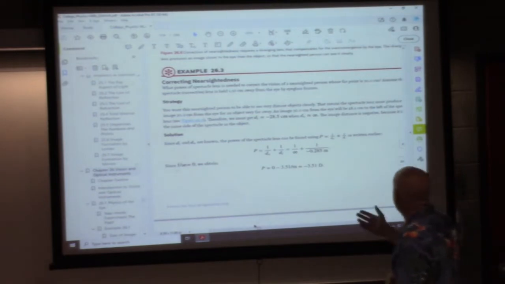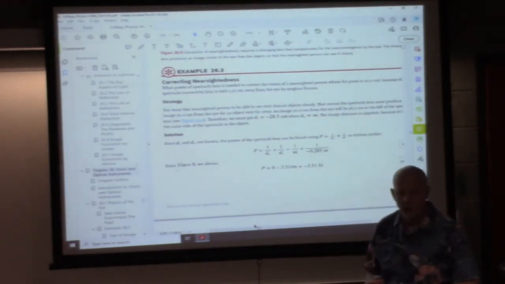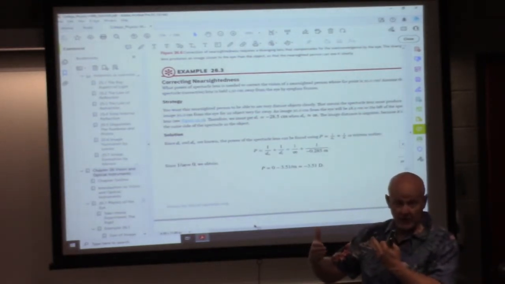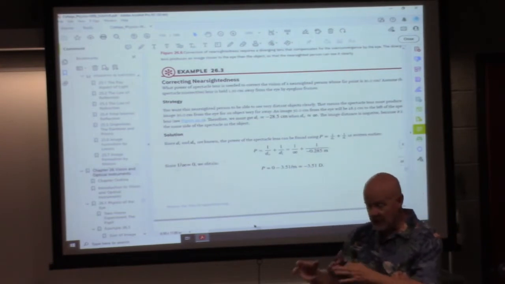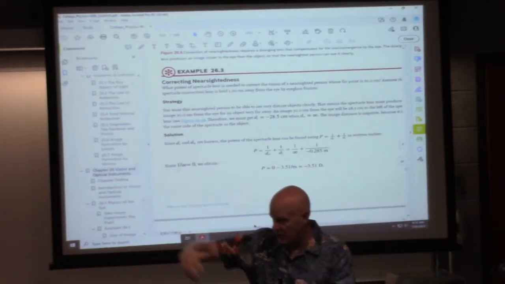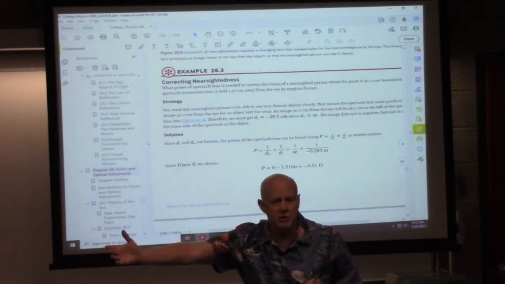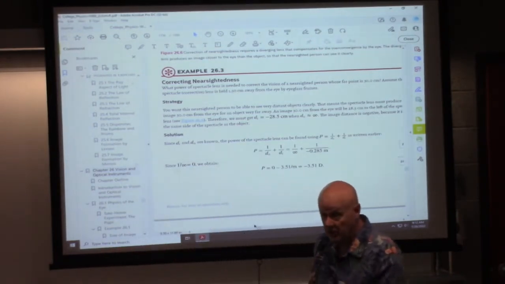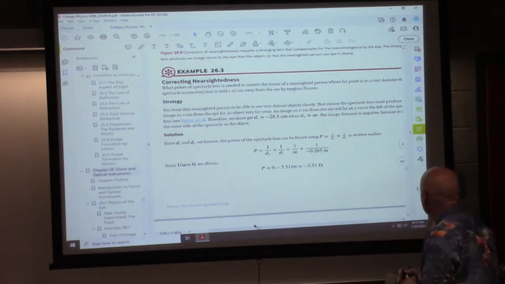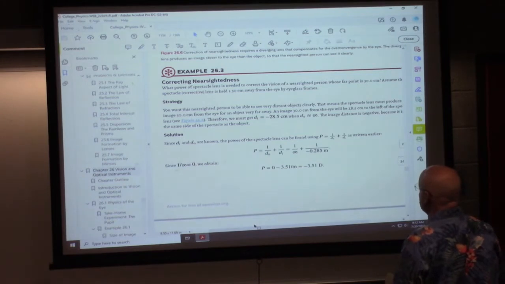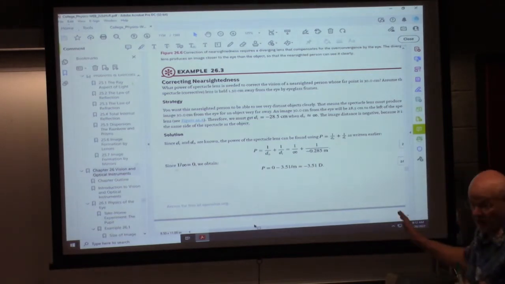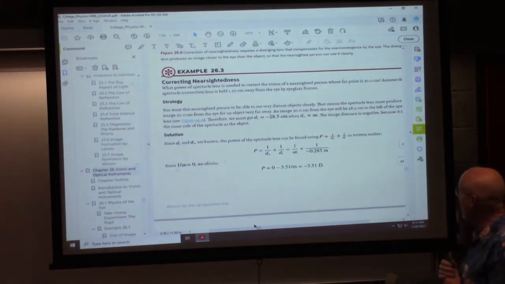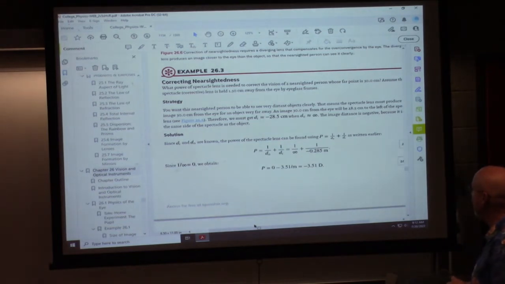And I would say this person's significantly nearsighted. I mean, they can only see things clearly to here, 30 centimeters. Where, like I said, I'm just a little nearsighted, so I can see out to 2 or 3 meters pretty good, but beyond that, things start to get fuzzy. And so, all right, assume that the corrective lenses are held, and this is going to be an important part, held 1.5 centimeters away from the eyes by your eyeglasses.